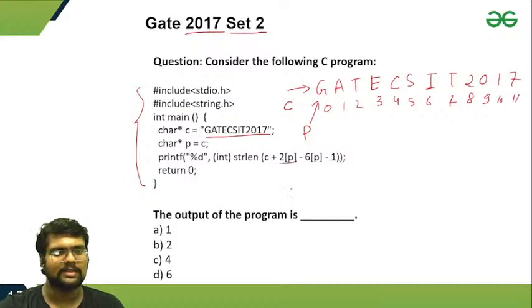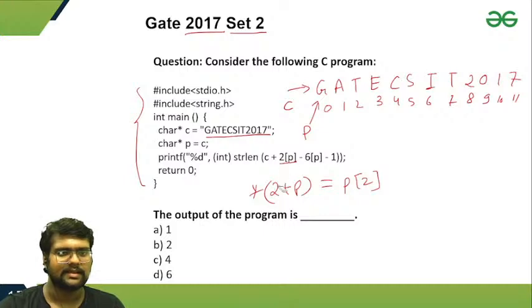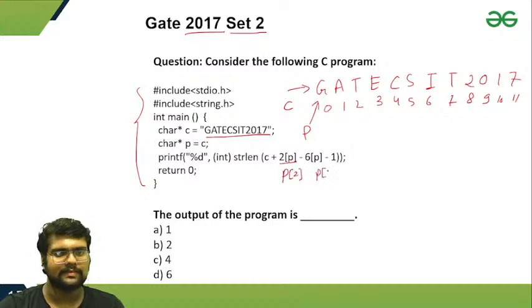Here 2P is a valid thing, because the compiler will replace this code, and it can also be written as P of 2. So it is P of 2 and P of 6.